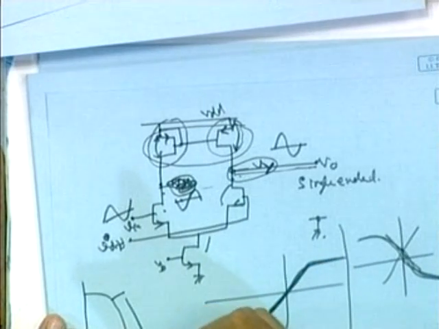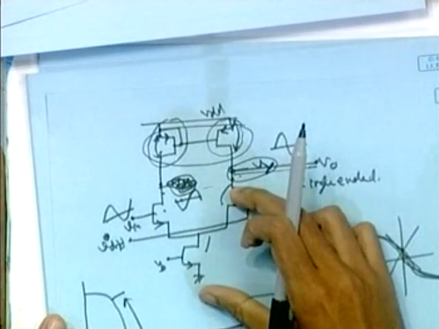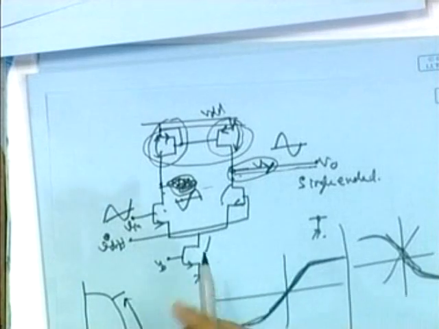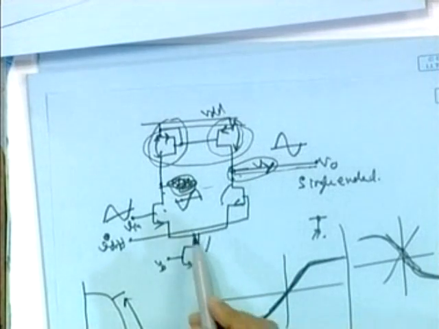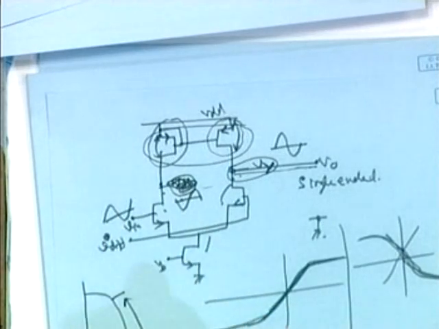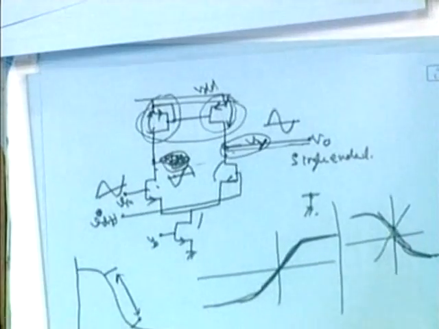So if you want to increase this swing, you have to decrease this overdrive, and one way of decreasing the overdrive is to fold your input transistors. You just use a folded cascode structure to increase your output swing.